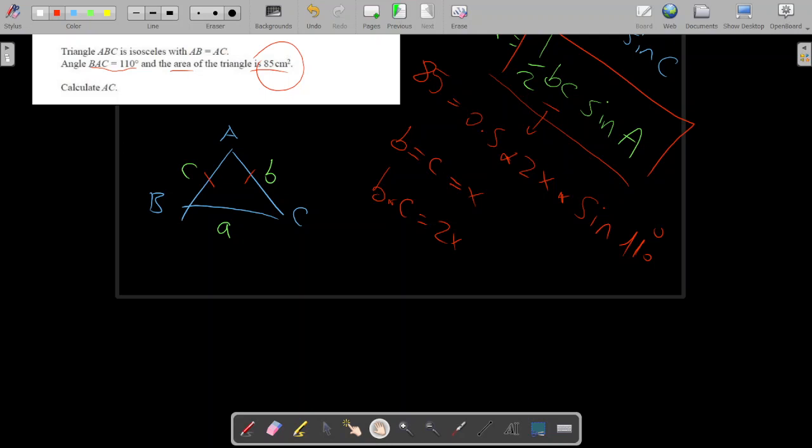So my rule right now is going to have this version: 85, the area, is equal to half multiplied by sine 110, which is equal to 0.94, multiplied by x, which is the side that I'm trying to find.